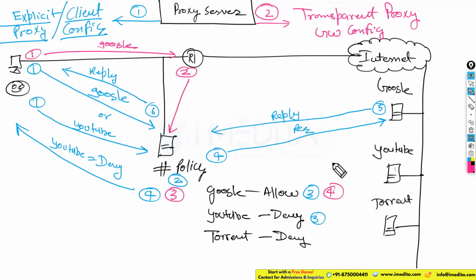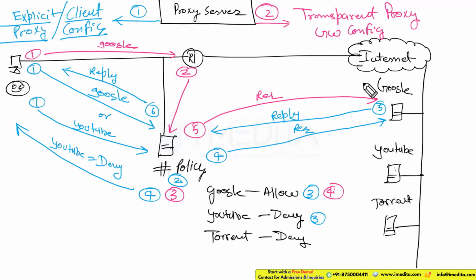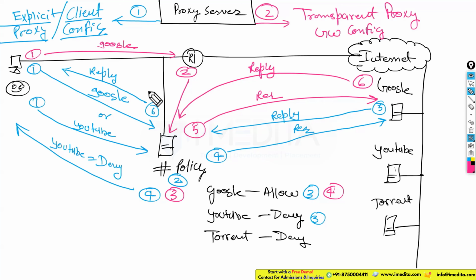Google is allow. Then in the fifth step, proxy will send the request to Google. Then in the sixth step, Google will give the reply to the proxy, and the proxy will give the reply to the client. So this will happen in transparent proxy.